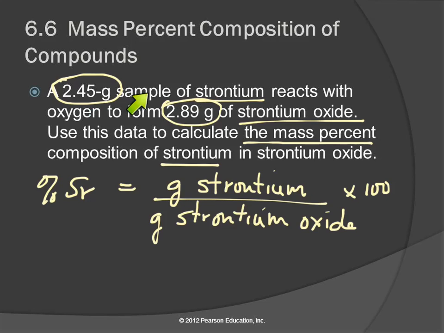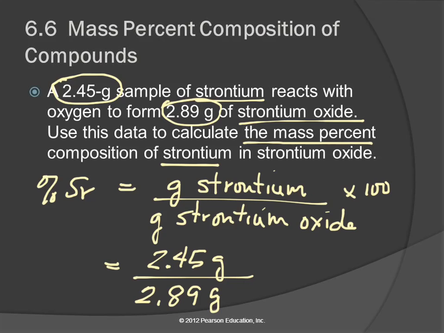Well, these numbers were given to us. 2.45 grams of strontium. And the mass of the compound is right here, 2.89, times 100. 2.45 divided by 2.89 times 100.